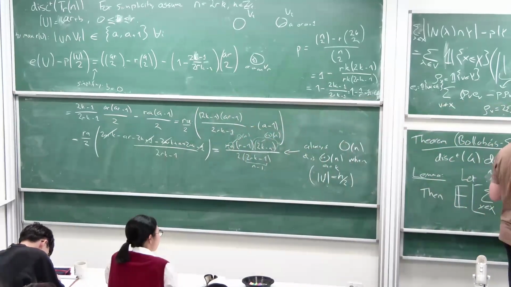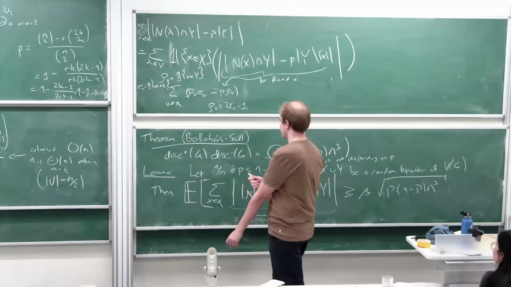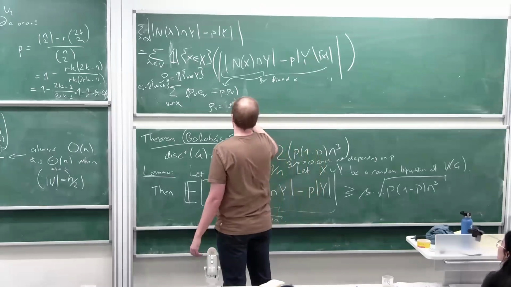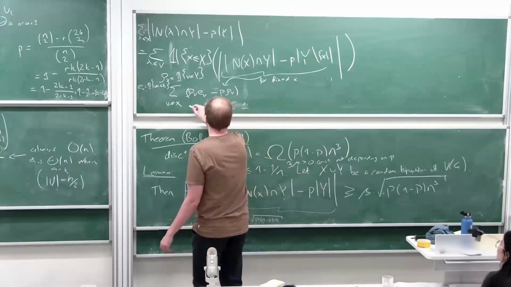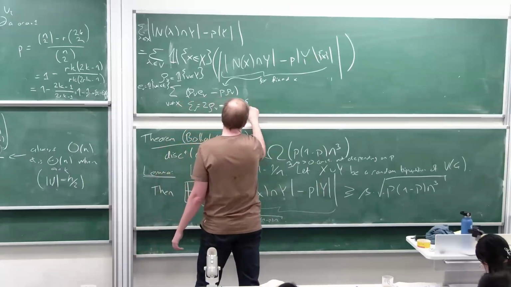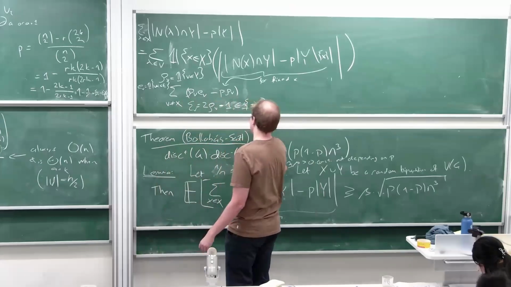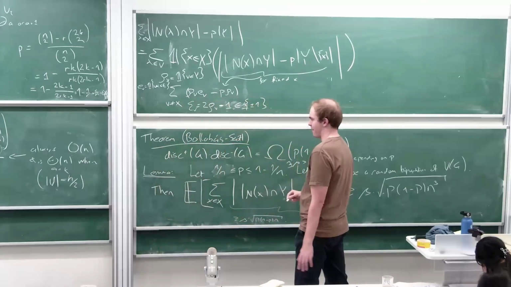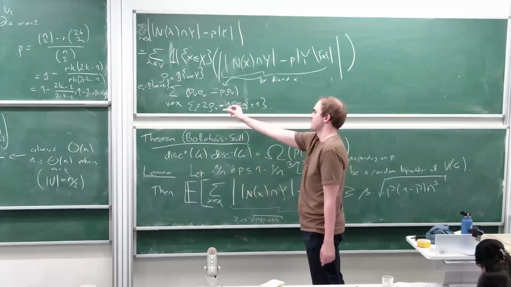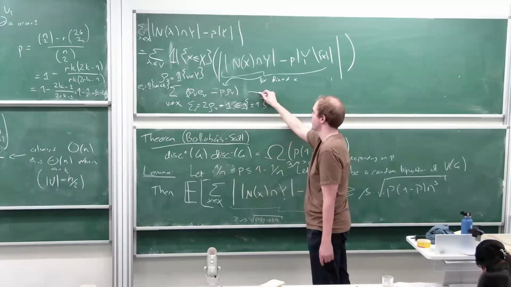So I want to write epsilon_b as 2 rho_b minus 1, because then these are IID plus or minus 1 variables. So rho_b is (epsilon_b plus 1) divided by 2.